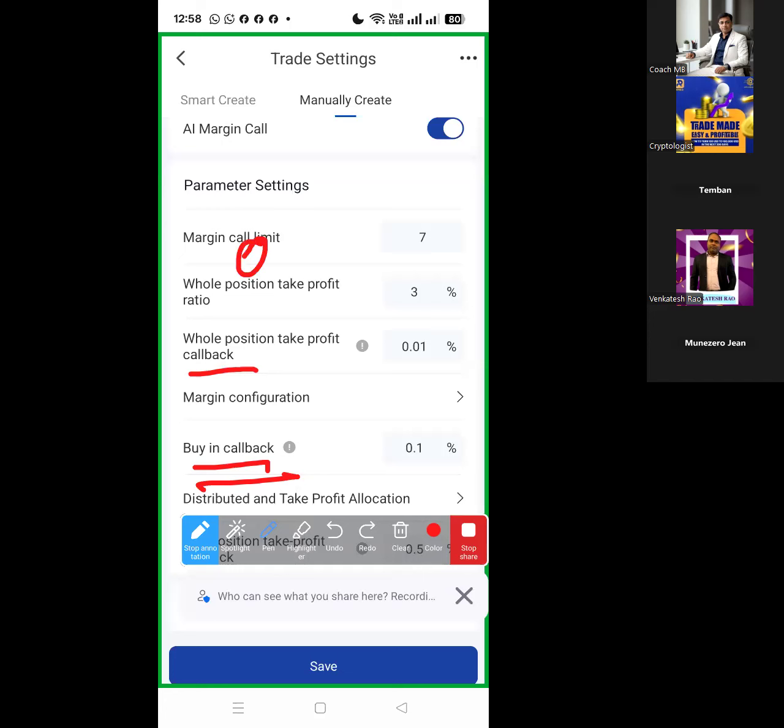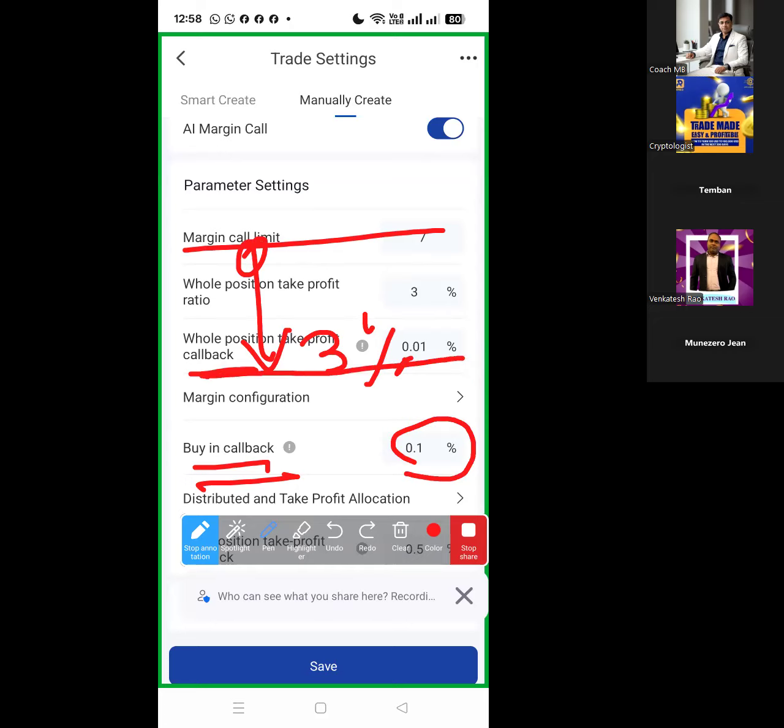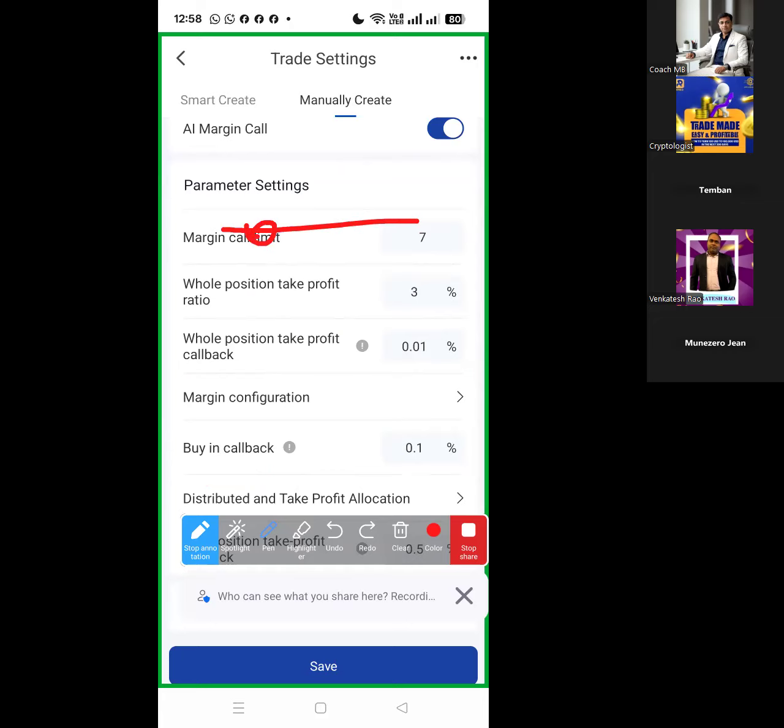Suppose the market is dropping, and you want the robot to buy for you after it has dropped by 3%, right? But you put a small callback also here. What you are saying now is: get ready and take the trigger only when the market has dropped 3%, but don't buy unless the market has reversed by 0.1%. Okay. So suppose you started from this price, and your next level of buying margin call is here, that is a 3% drop, right? 3% down.